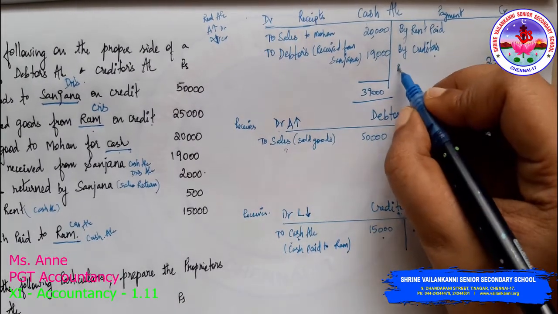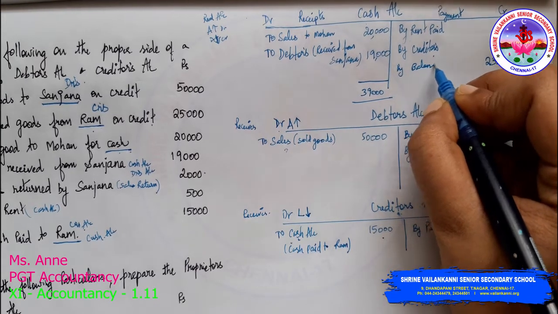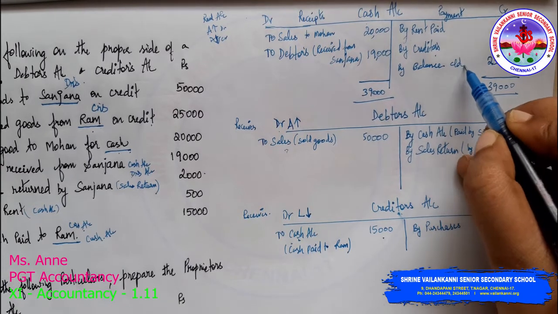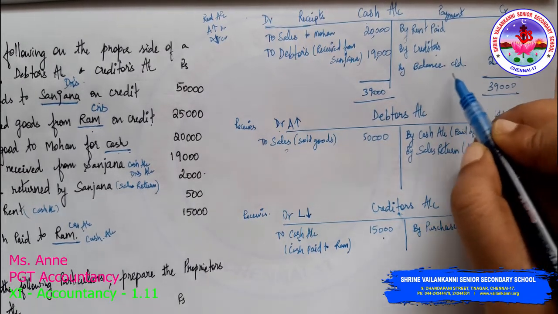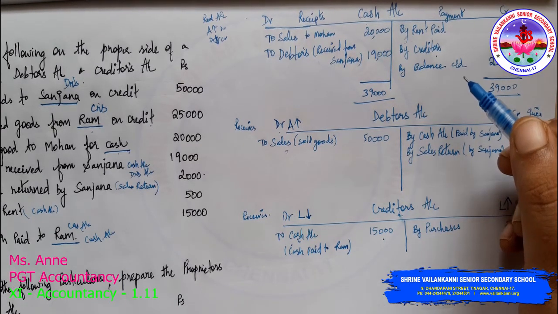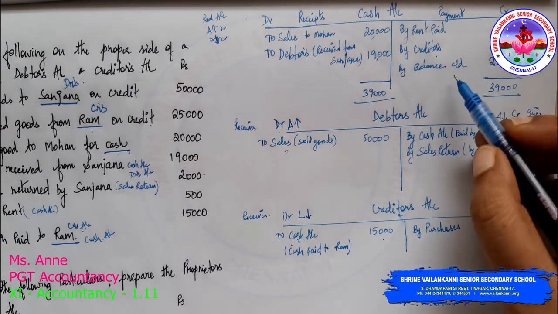So this will be by balance. Okay, so balance carried down you should write. I'll tell you why we are writing this carried down later. Now you will not understand. When we are doing ledger, you will be able to understand this.